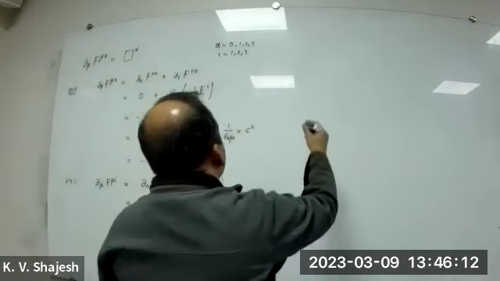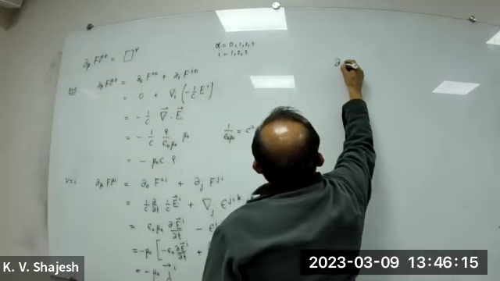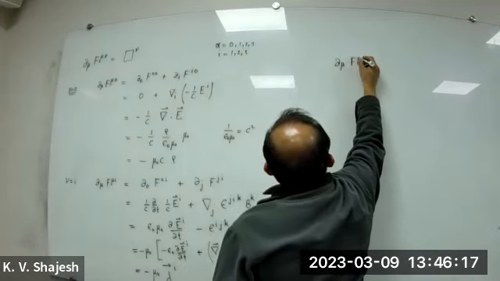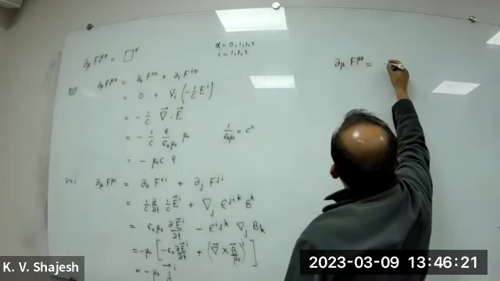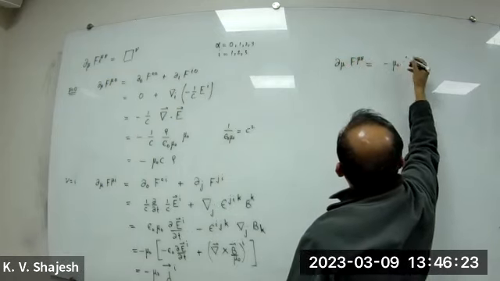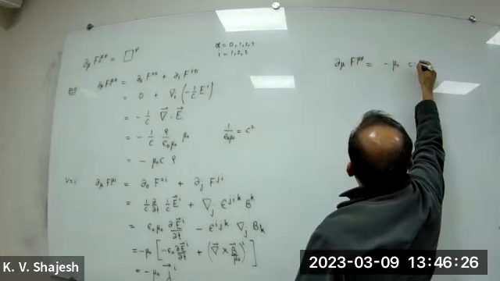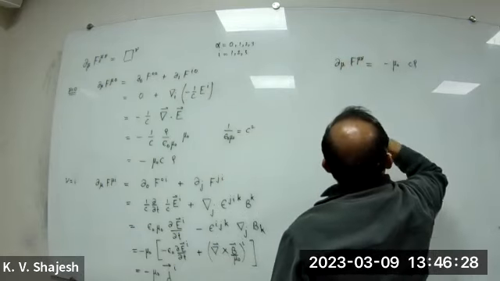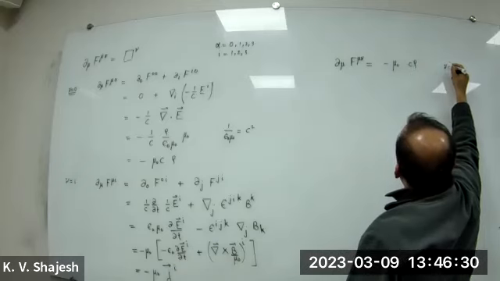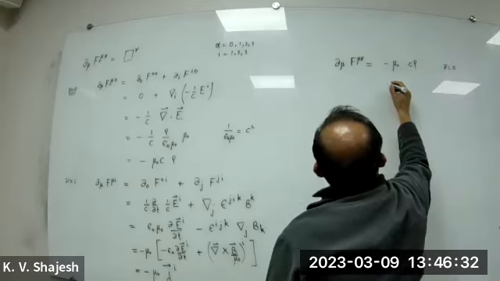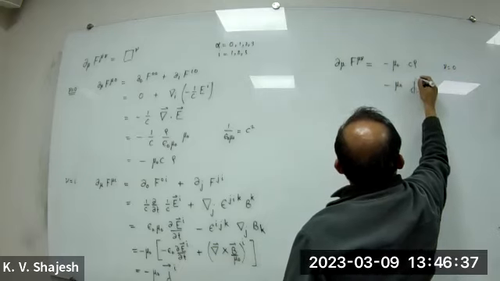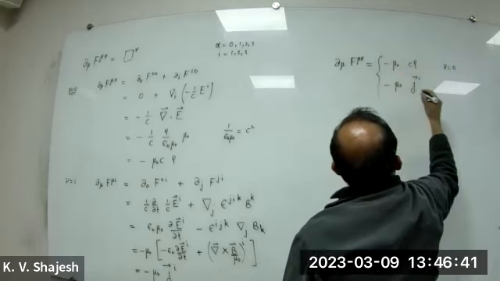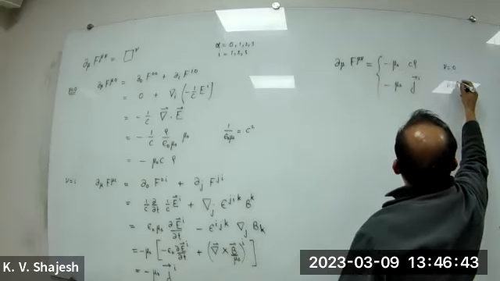So del_mu F^{mu nu} is equal to minus mu naught times c times rho when nu is equal to 0. And this is equal to minus mu naught times j_i when nu is equal to i.